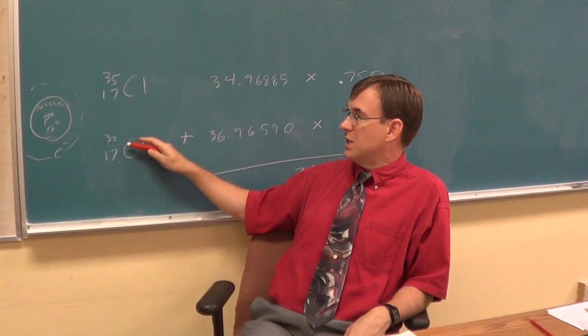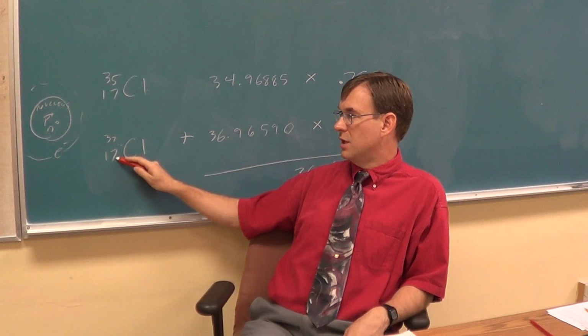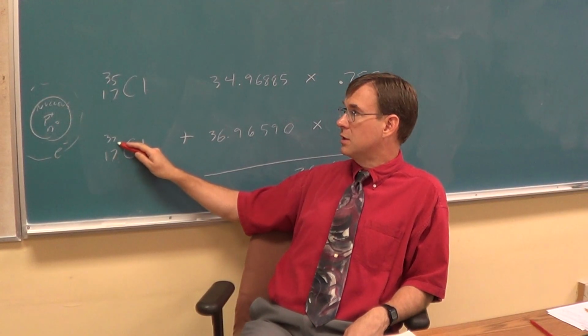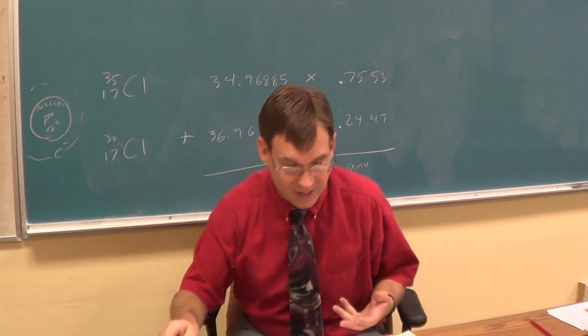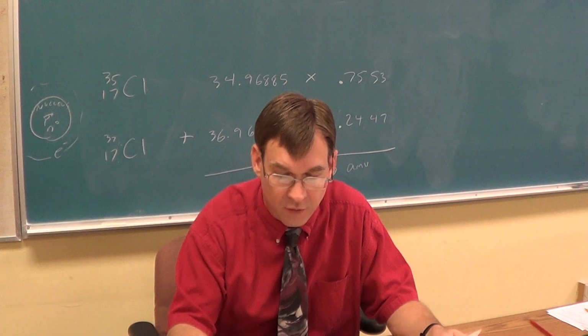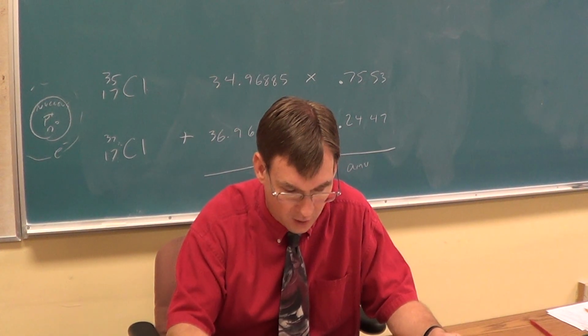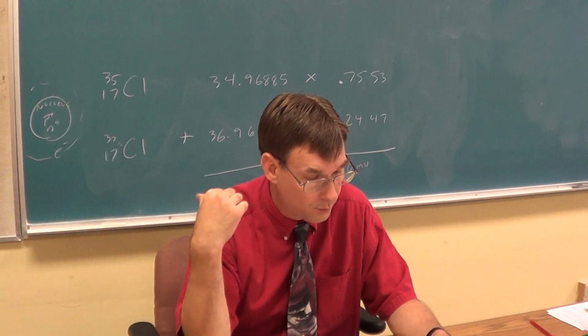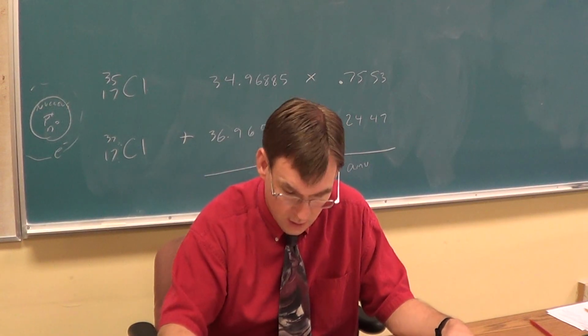But the difference is this chlorine has what else other than 17 protons and electrons? 20 neutrons. It has 20 neutrons, whereas this chlorine has 18 neutrons. That's the difference. If one isotope has a different amount of neutrons, it's just a different type of that element. It's still chlorine, but it's a different kind of chlorine.